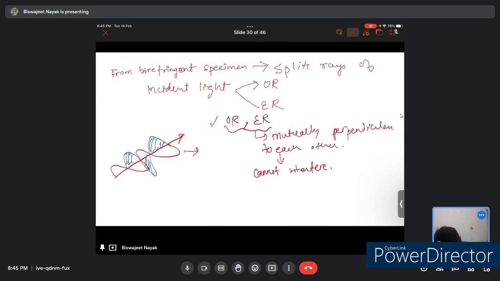So how does this point help in polarization microscopy? The interference is required to generate a contrast image.